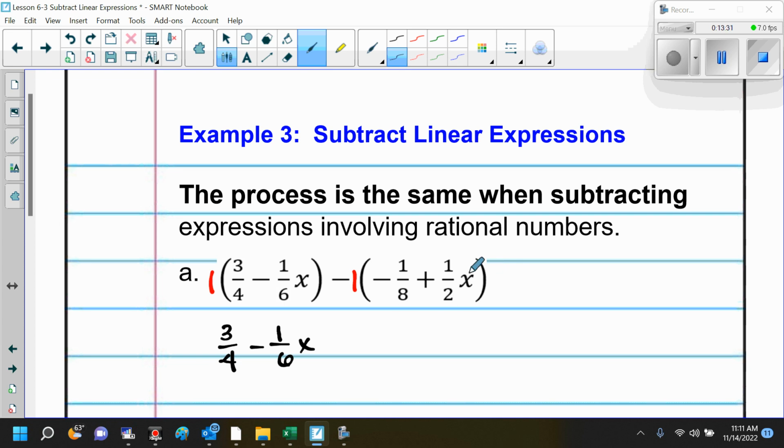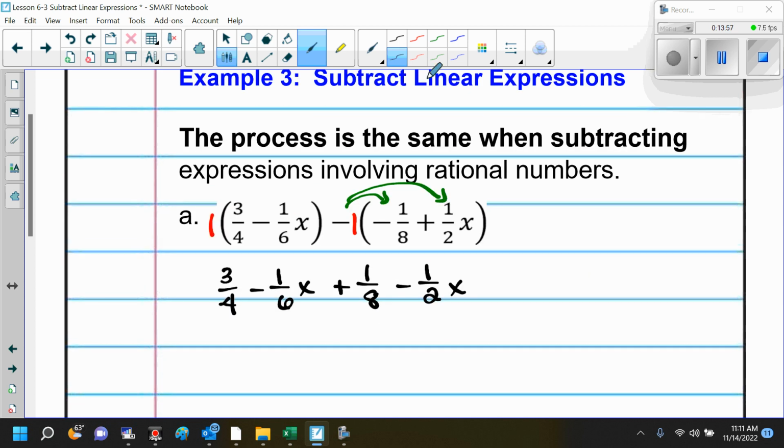And then over here, we're going to distribute that negative 1 throughout the parentheses. So that's negative 1 times a negative 1/8. That's a positive 1/8. And then here, negative 1 times a positive 1/2 x is a negative 1/2 x. Is everybody clear with that?